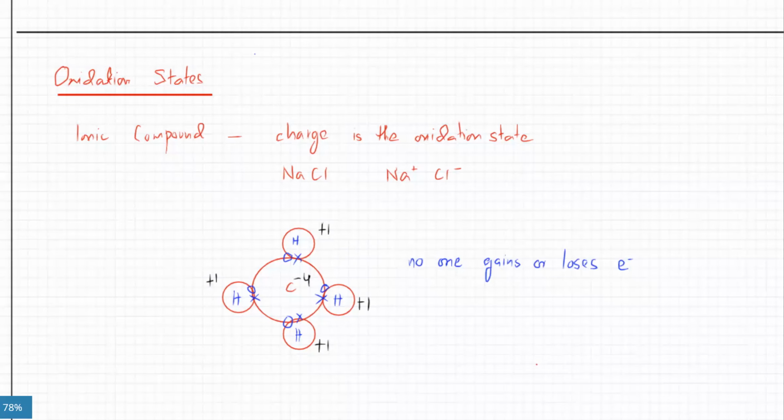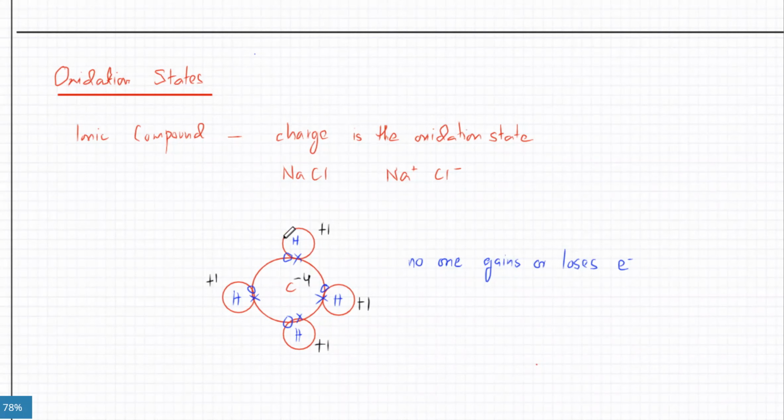So the very first thing is, ionic compounds, you've got no issues. The charges are the oxidation states. But what are these charges doing in this covalent molecule? Where did they come from? That's a big issue. Why am I giving carbon -4 and why is hydrogen +1? Because it should not be +1 and this should not be -4.